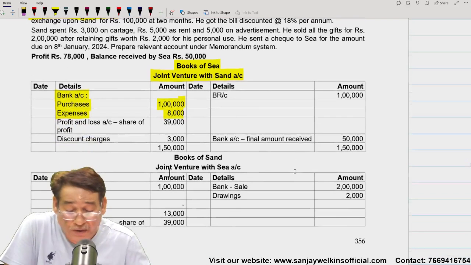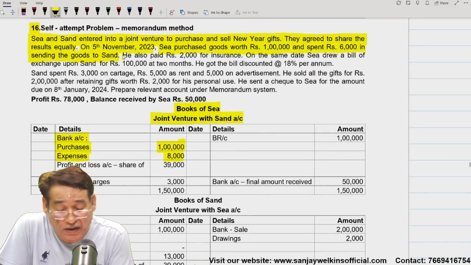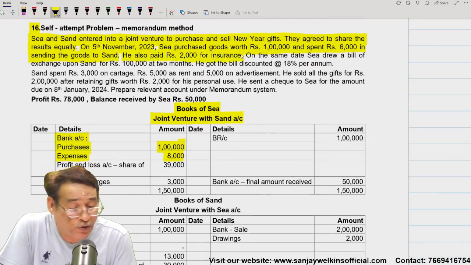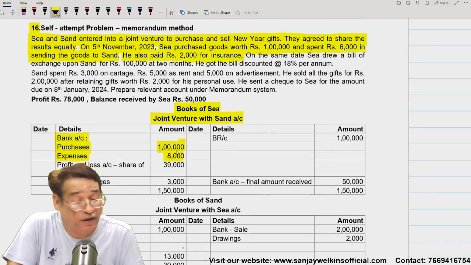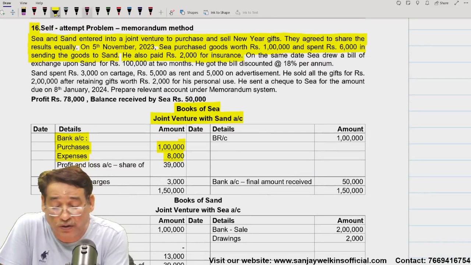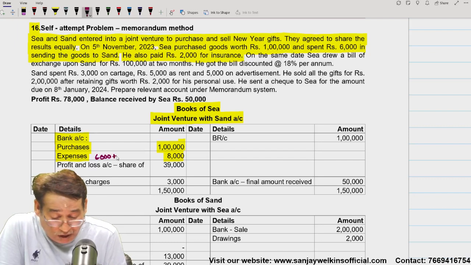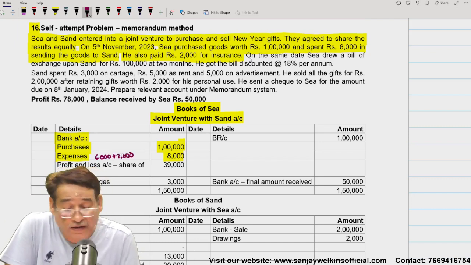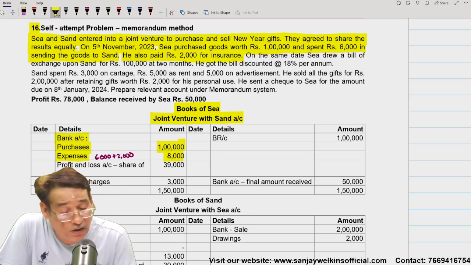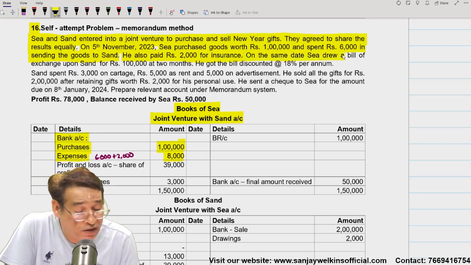Then it is also given that he also paid 2,000 for insurance. That is why I have written expenses 8,000. That is 6,000 plus 2,000.